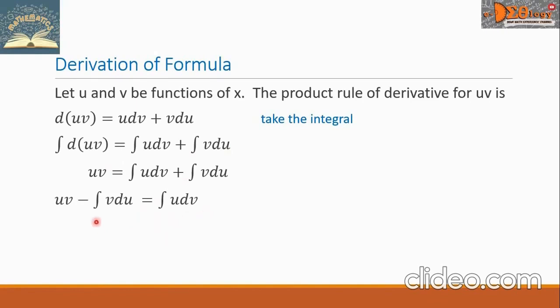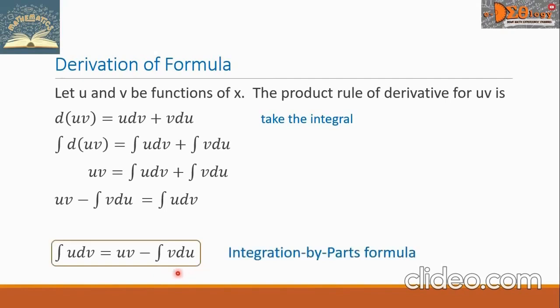Let us interchange the position of the left side and the right side members respectively. So we have now the integral of u dv equals uv minus the integral of v du. This formula now is what we call the integration by parts formula.